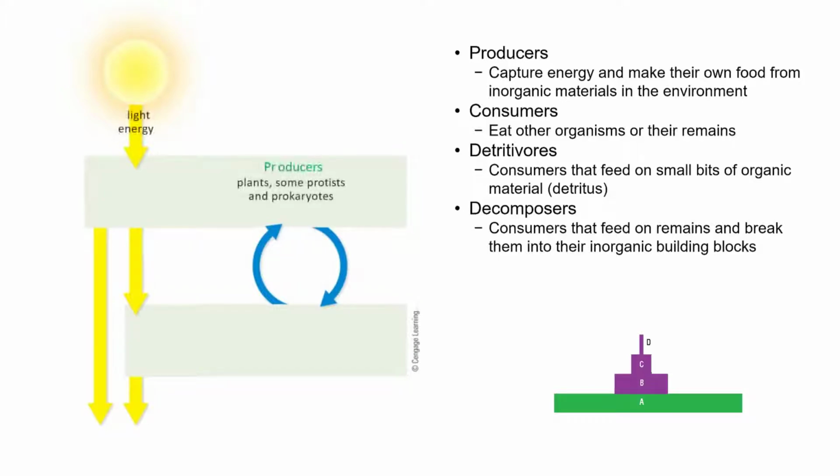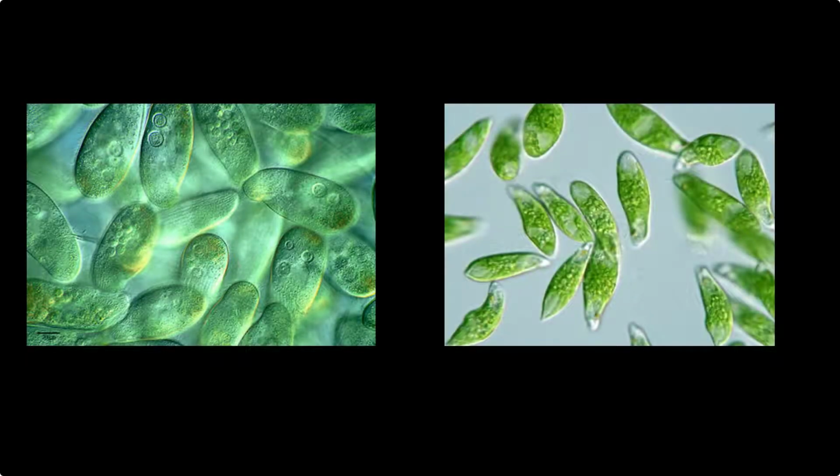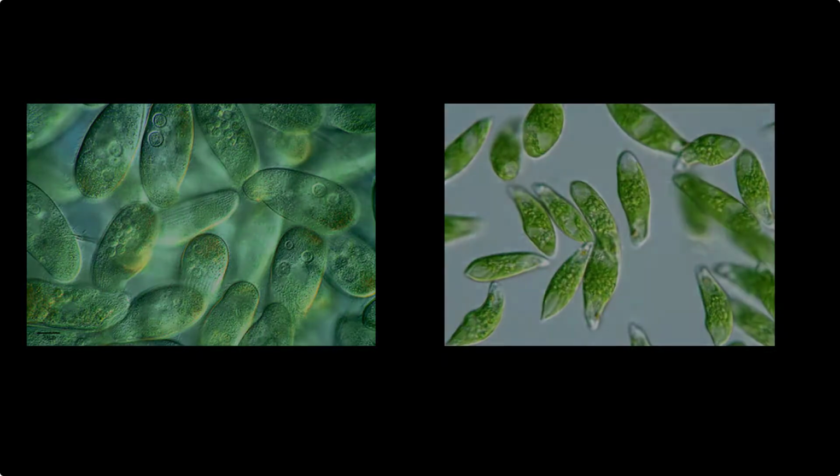And so these producers mainly consist of plants, some protists, which are eukaryotic. They have a defined nucleus with their DNA inside of that. Protists are kind of a misfit group because they can be photosynthetic like a plant, but they may not be fully classified as a plant. They have specialized organelles inside of them, things like that.